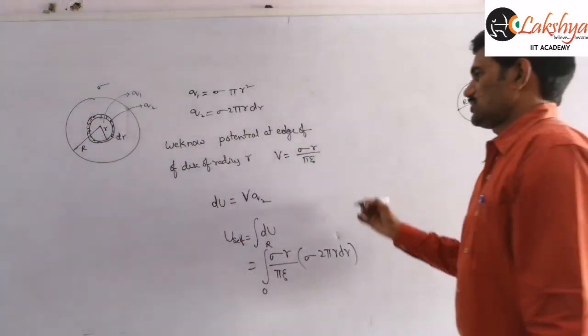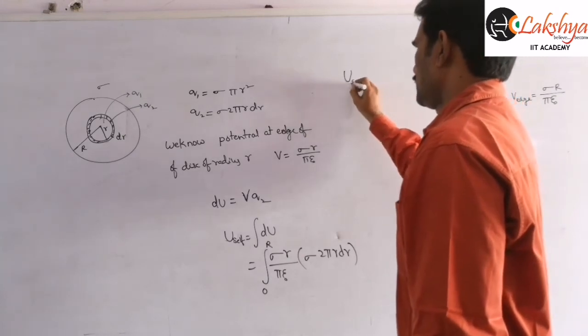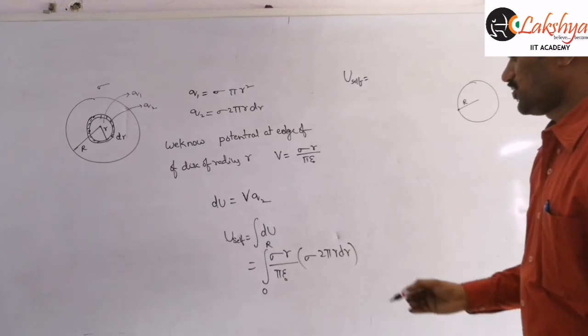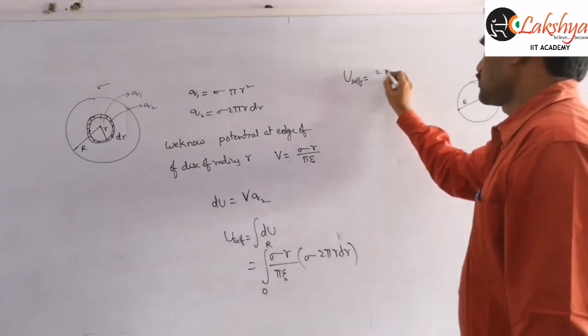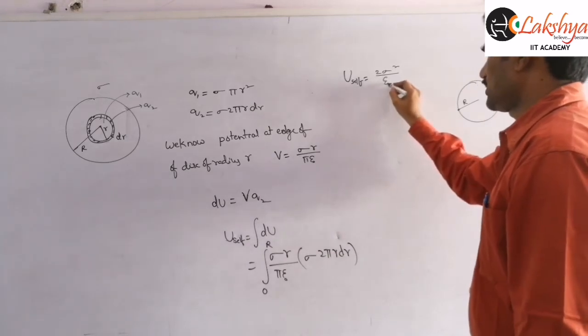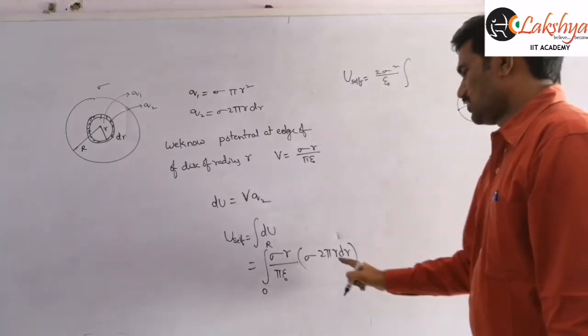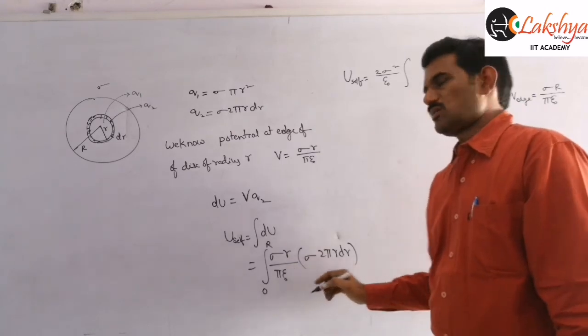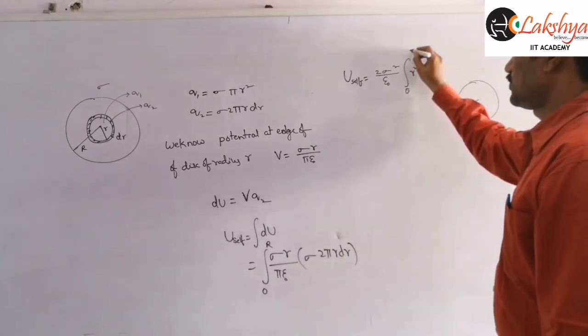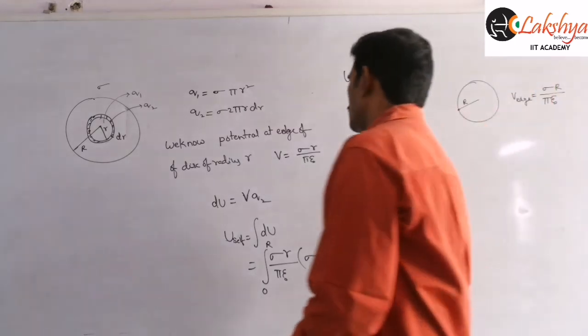So just integrate this. Taking the constants outside, 2 sigma square by epsilon naught, the pi cancels, and the remaining r terms give r square dr from 0 to R.